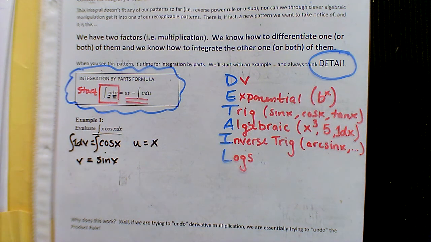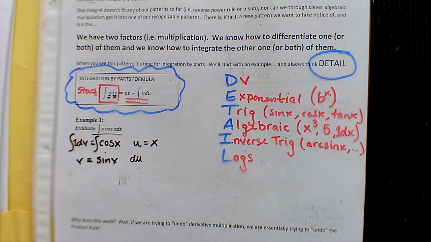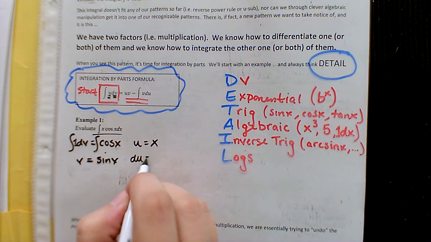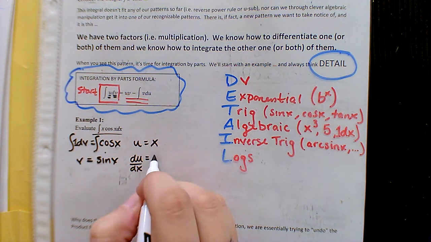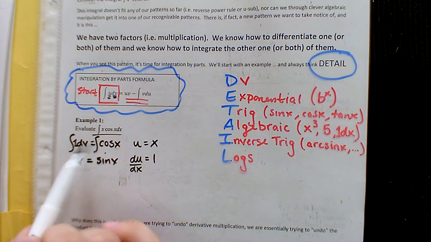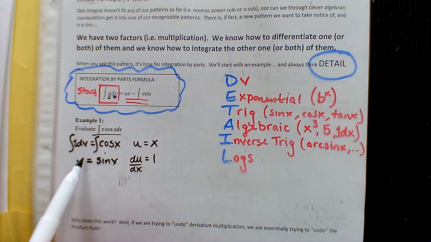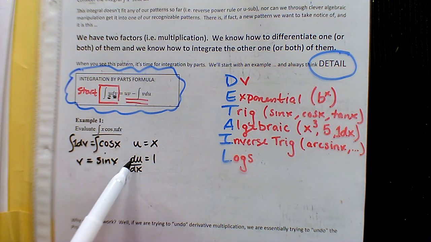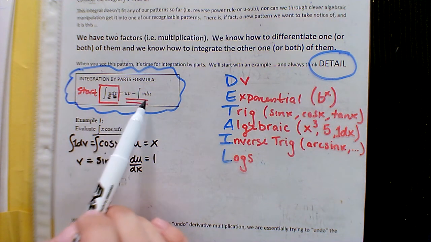Whatever you let u be, that's what we're going to take the derivative of. So if you take the derivative of u, that would be du, or the derivative of u over dx if you want to write that. And the derivative of x is just 1. Okay, so by choosing dv and u in the starting integral, notice how we need to figure out v and du, because those quantities show up on the other side of the equal sign in the formula.